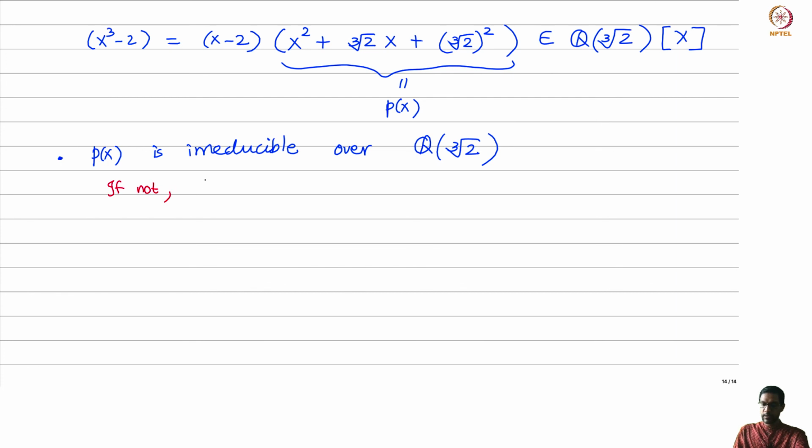But clearly that can't happen, because the roots of p are the other two roots, cube root of 2 times omega and omega squared, and they all have imaginary parts. So the other two roots clearly don't belong to this subfield. So that's clearly false.